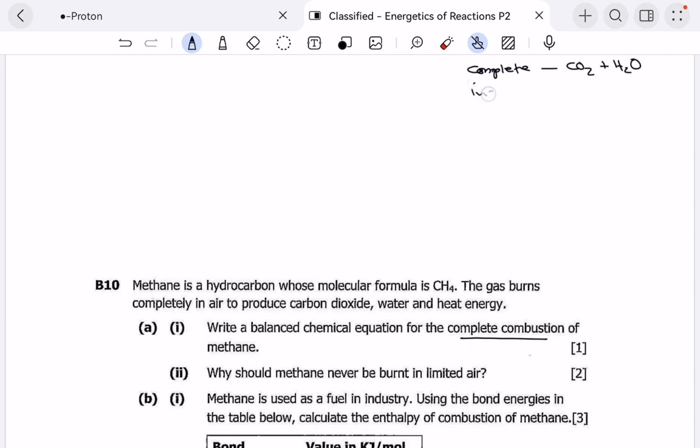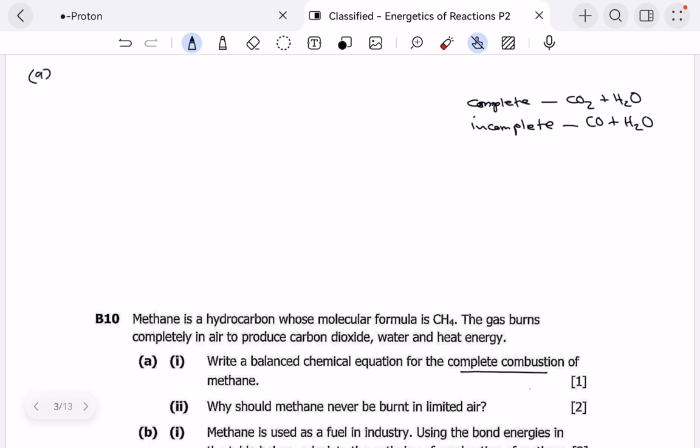If your combustion is incomplete, then it produces carbon monoxide and water. So the first one is going to be CH4 plus O2 to produce CO2 plus H2O. Because it's a complete combustion, we balance the equation by putting a 2 here and a 2 there. It's a balanced chemical equation.